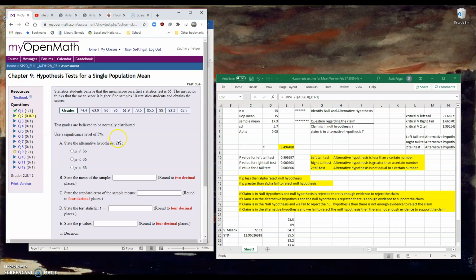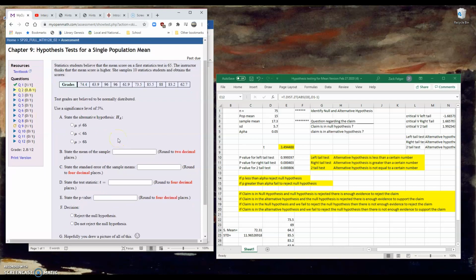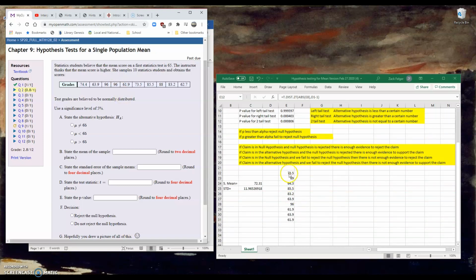Now for this question here, you are going to be required to take your own mean and your own sample standard deviation of this data set. So right here, I'm going to go ahead and enter that data in.